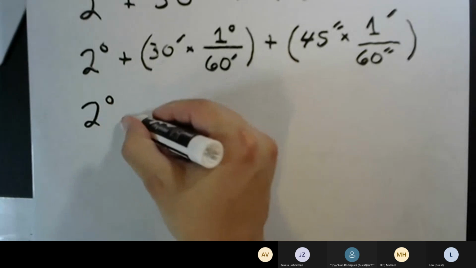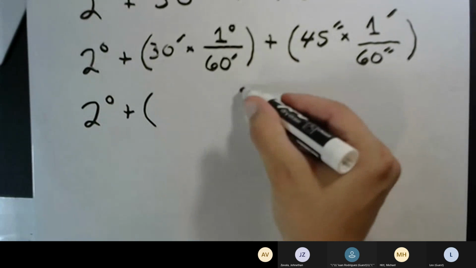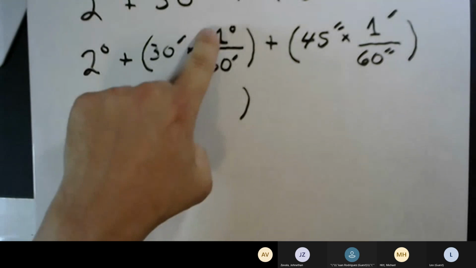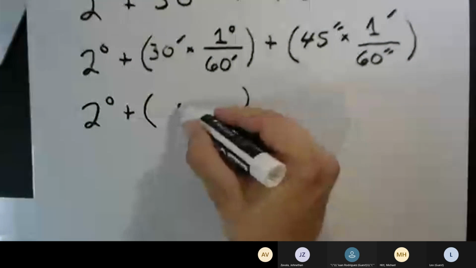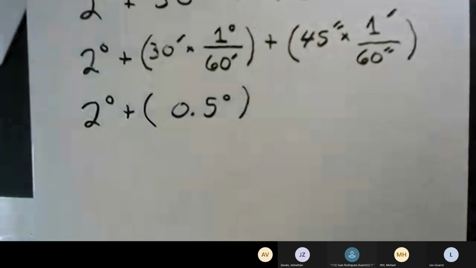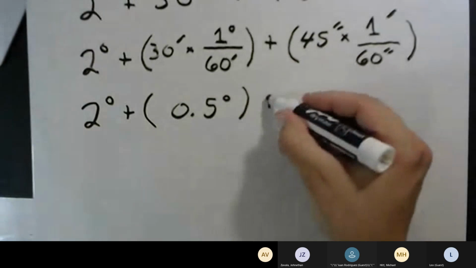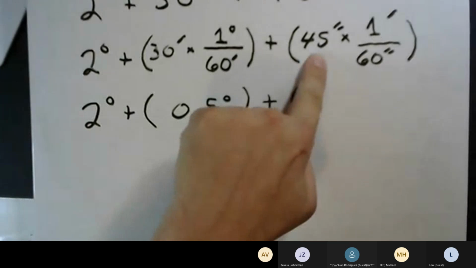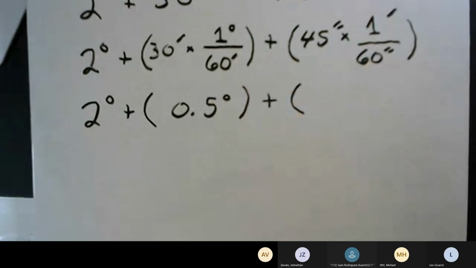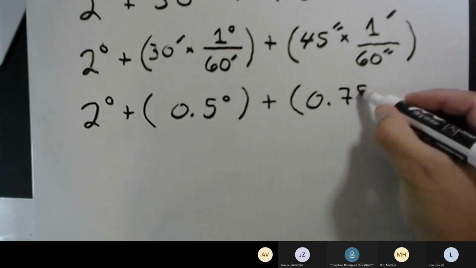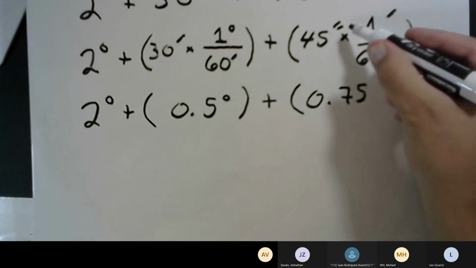This will be 2 degrees plus, if you multiply 30 times 1 over 60, you come out to 0.5 degrees. And then this one, 45 times 1 over 60, it's going to be 0.75, but we want to be careful.